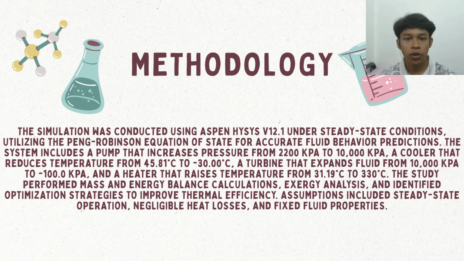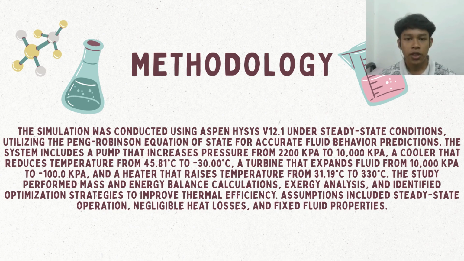Second, a cooler that lowers the temperature from 45.81 to minus 30 degrees Celsius. Third, a turbine that expands the fluid from 10,000 to 100 kilopascal. And lastly, a heater that raises the temperature from 31.19 to 330 degrees Celsius.